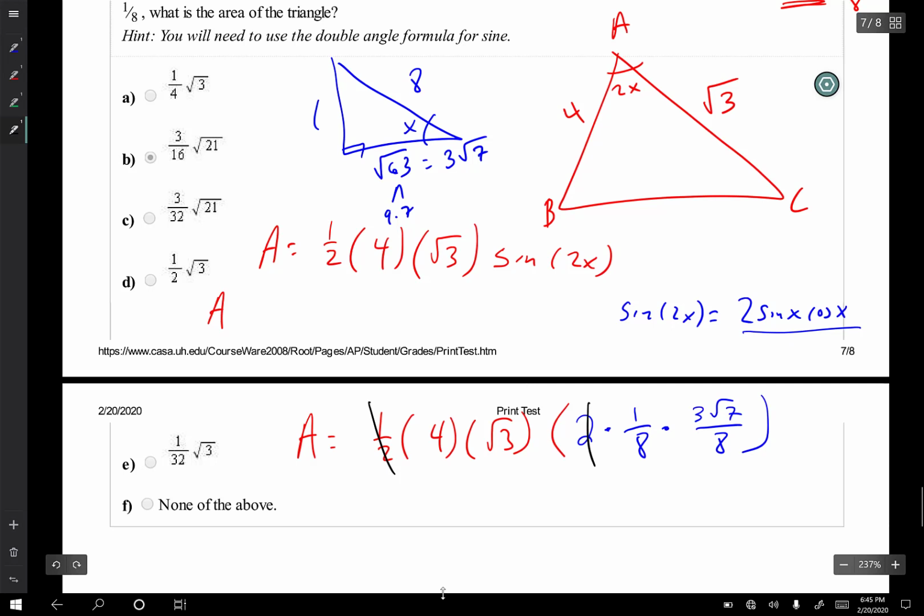I like to start with that. I have a 4. 4 goes into 8 2 times. So I'm going to turn that into a 2. And it looks like that's it. So square root of 3 times 3 square root of 7 is 3 square root of 21. 7 times 3 is 21. And then I have 8 times 2, which is 16. And there it is. 3 square root of 21 over 16.